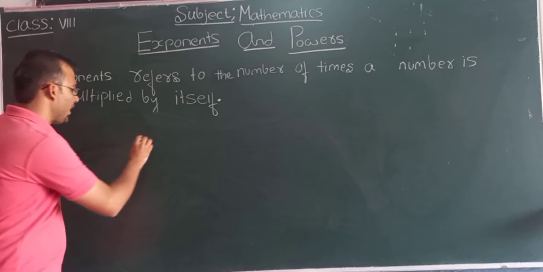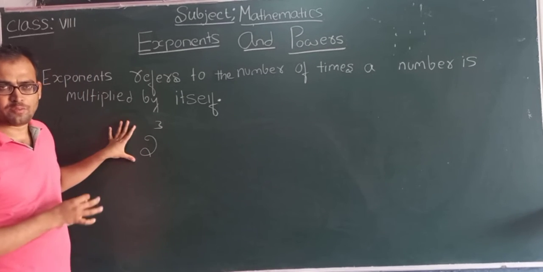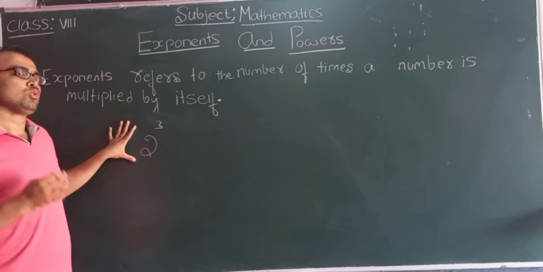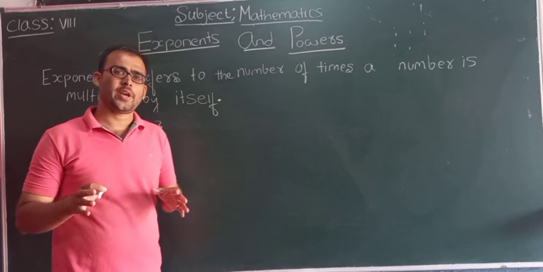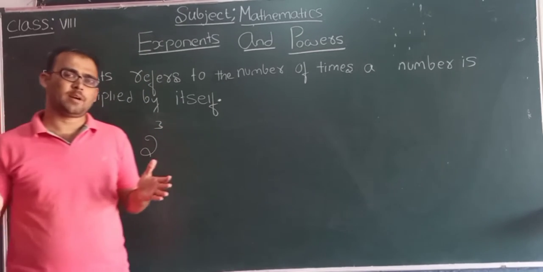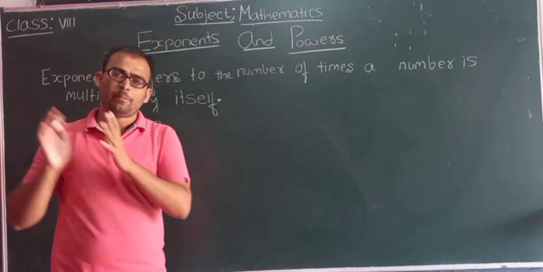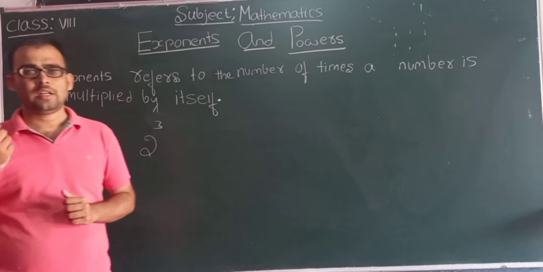Students, suppose I write 2 to the power 3. Here, what is meant by base? We know that base is the lower part. If you are constructing a building and the word base comes, it is the lower part of the building.